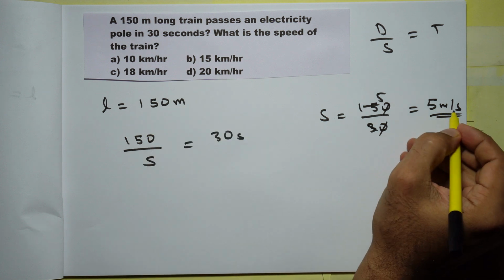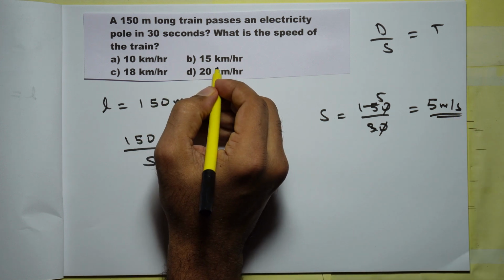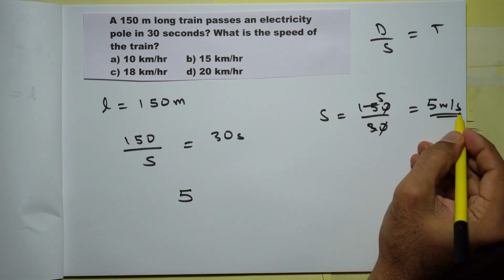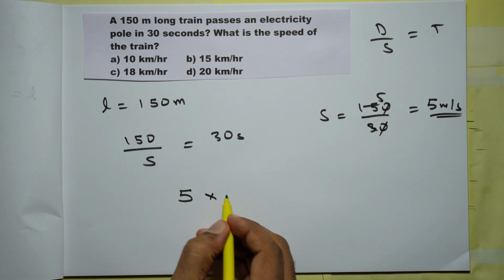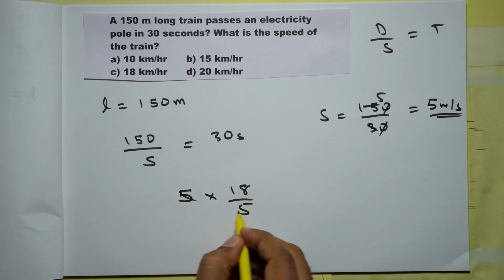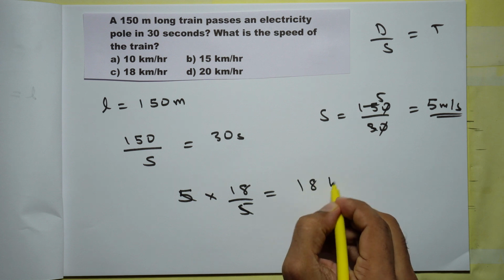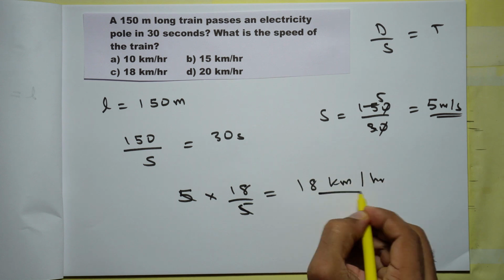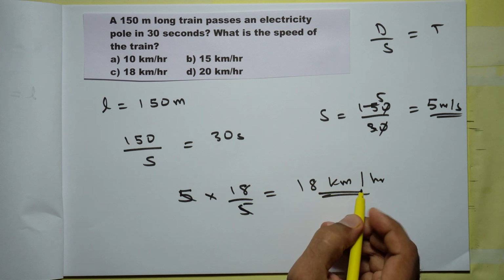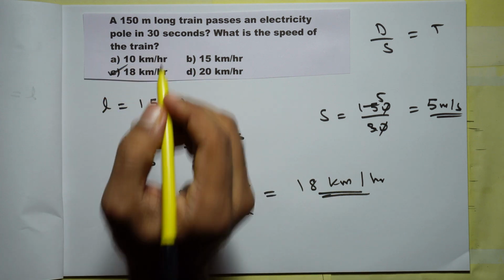To convert meters per second into kilometers per hour, we have to multiply by 18 by 5. So 5 meters per second, multiplied by 18 by 5. 5 and 5 will cancel out. So what we have is 18 kilometers per hour. That is the speed of the train in kilometers per hour, 18 kilometers per hour, option C.